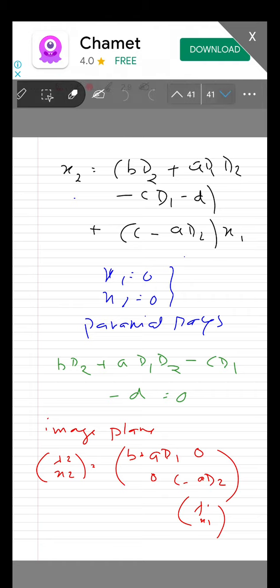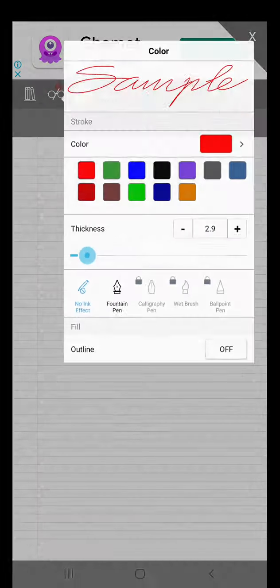Now for x2, if we consider x2 is not equal to 0, then we can write x2 is equal to c minus a d2 into x1.